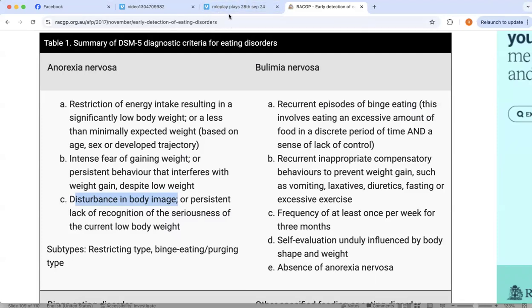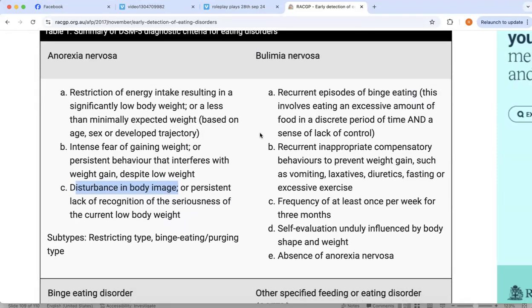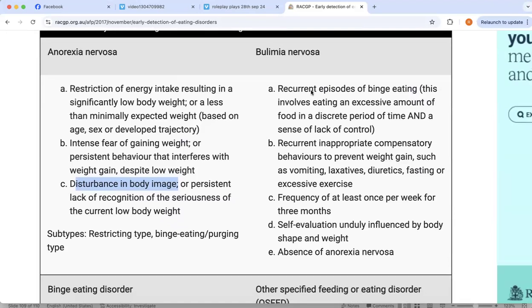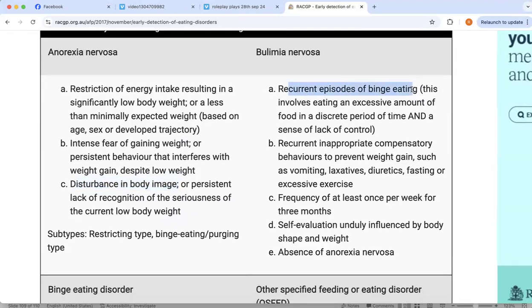So what is bulimia? Eating disorder is common in females. In bulimia nervosa, the patient has recurrent episodes of binge eating. Sometimes they eat excessively and then they feel guilty about it and they do some compensatory behavior to prevent weight gain, such as vomiting by putting their hand into the mouth.